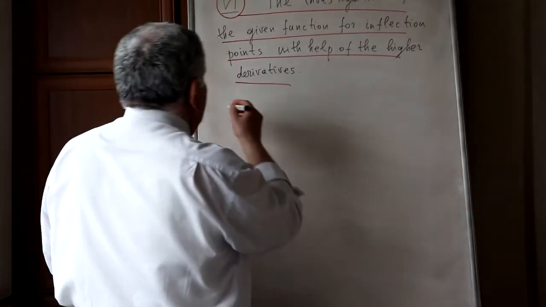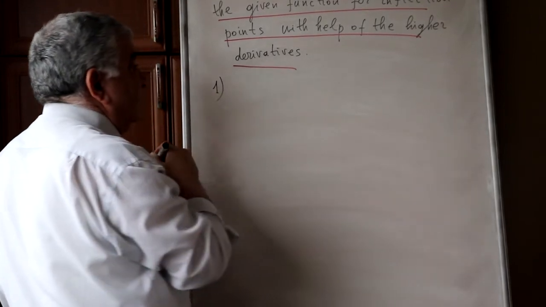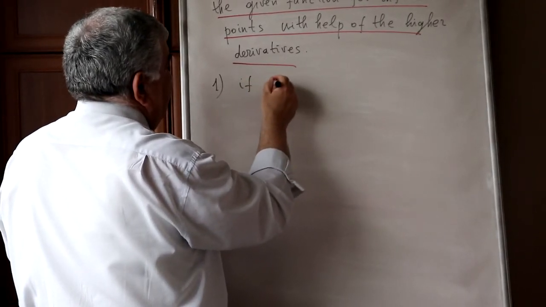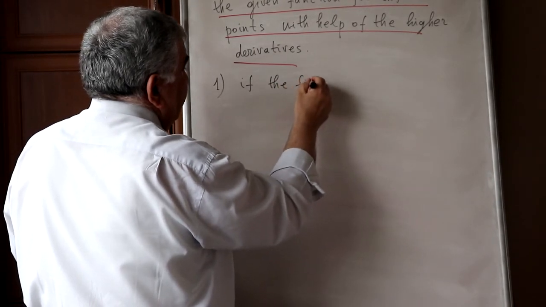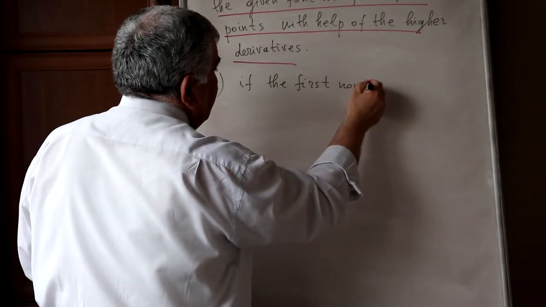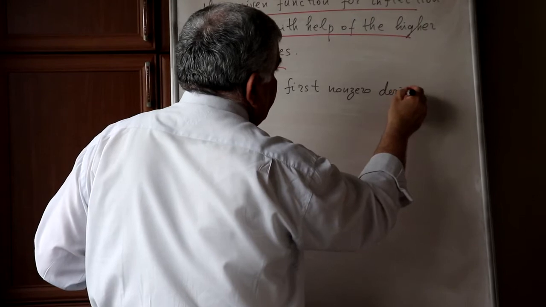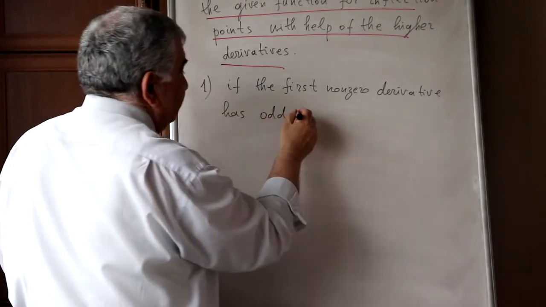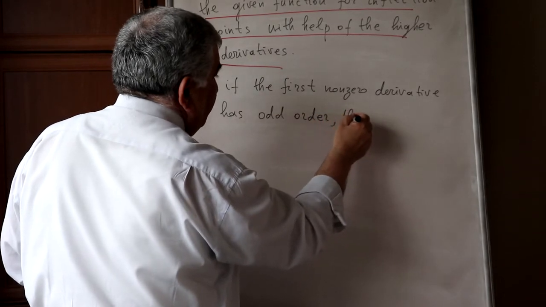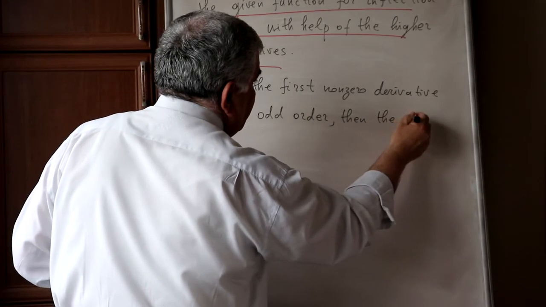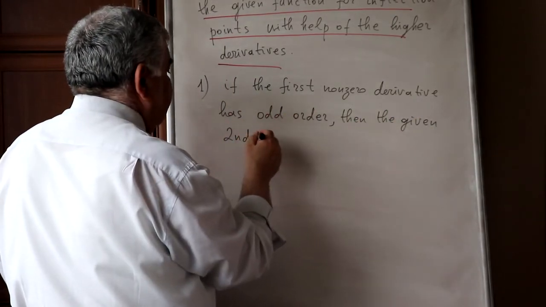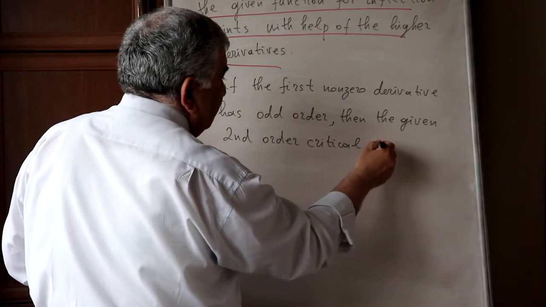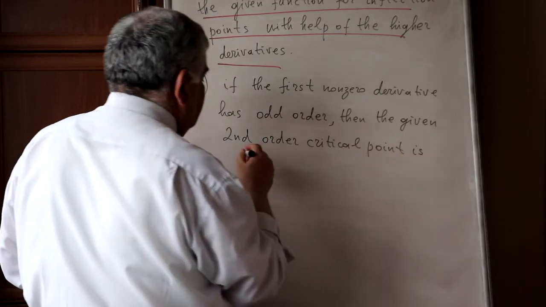Now mark these properties, indications. If the first non-zero derivative has odd order, then the given second order critical point is an inflection point.